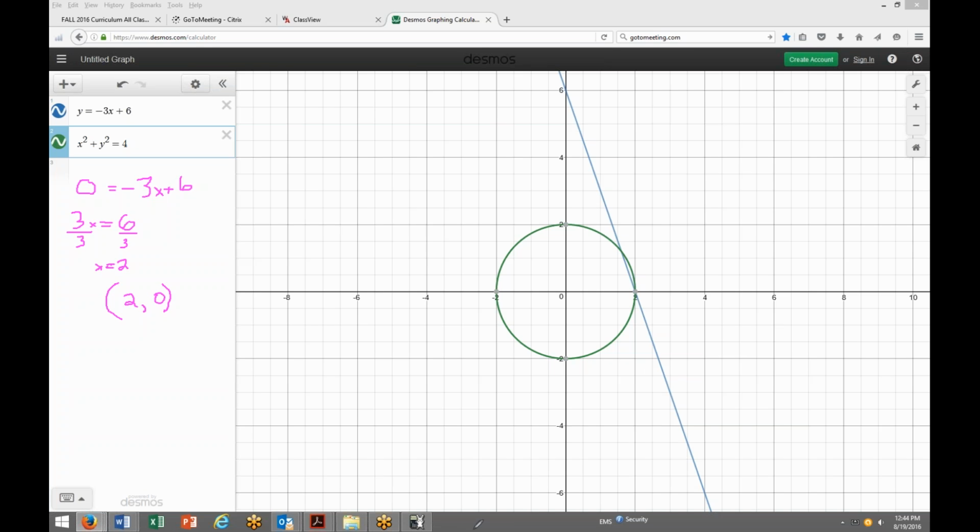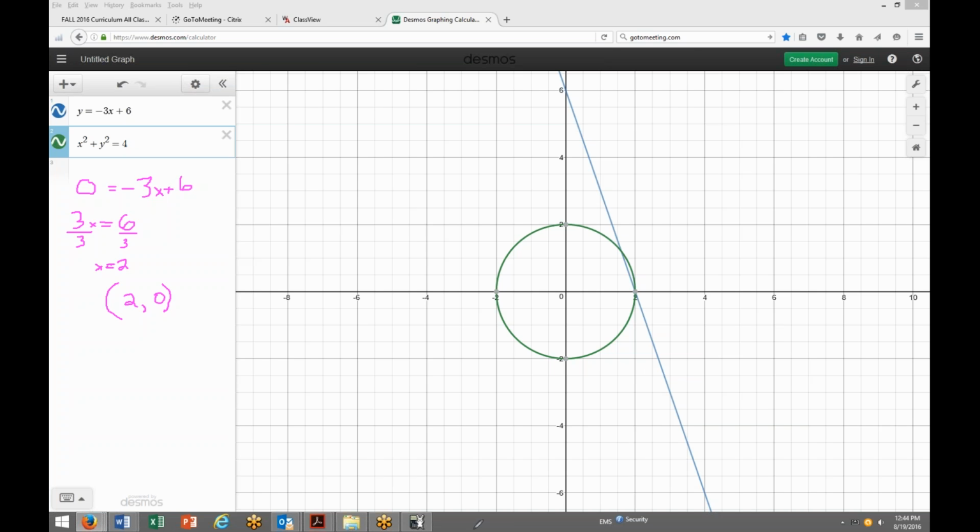Now, point to remember, the y-coordinate for every single x-intercept in the universe is 0. And the x-coordinate for every y-intercept in the universe, since that's on the y-axis, is 0.